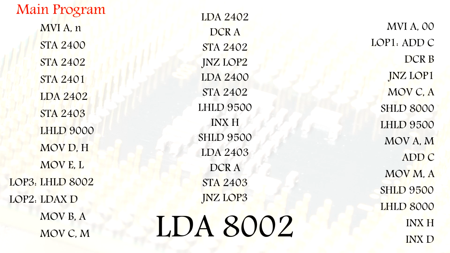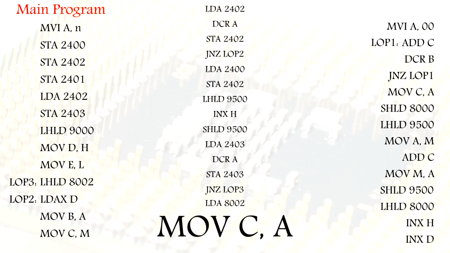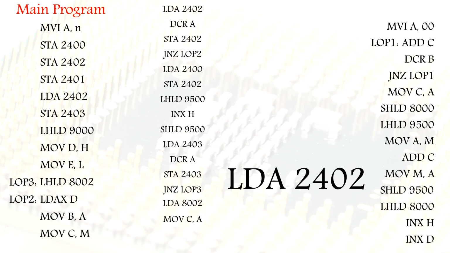Now what we are doing is loading the contents of 8000, and we are moving that to register C. We have first loaded 8002, which is basically carrying 2501.